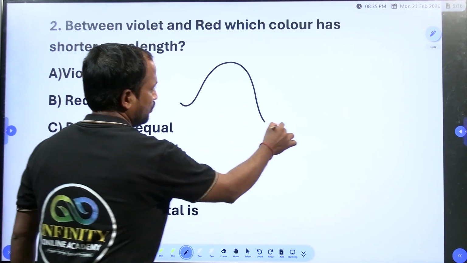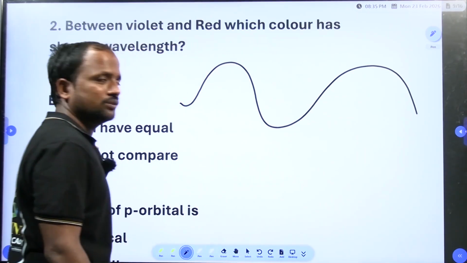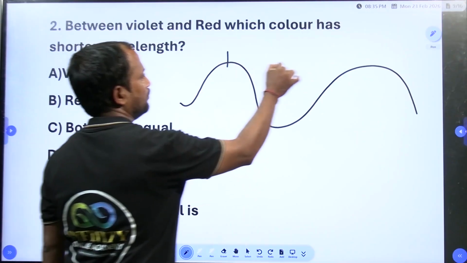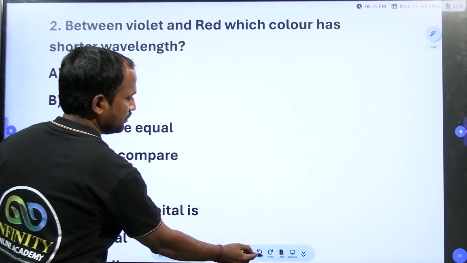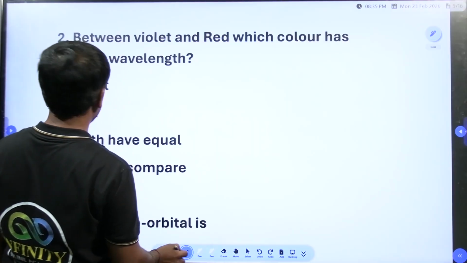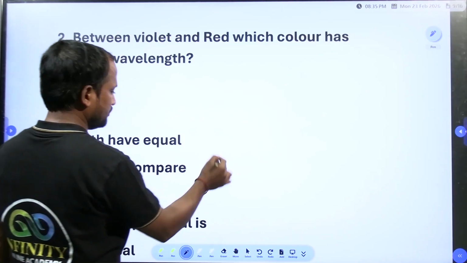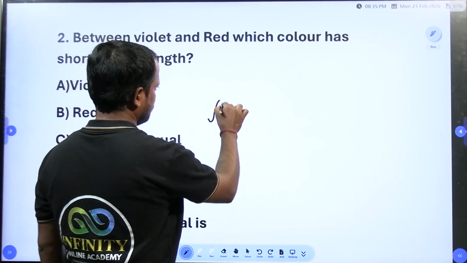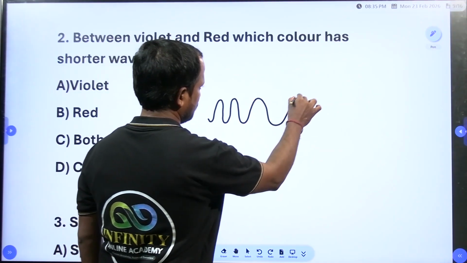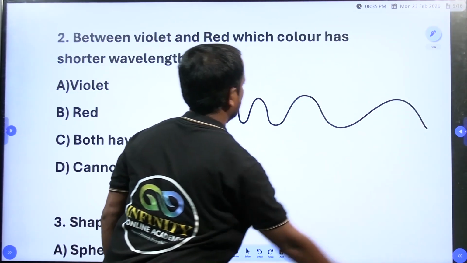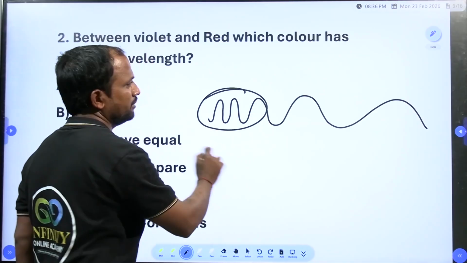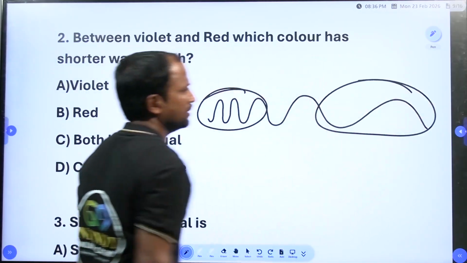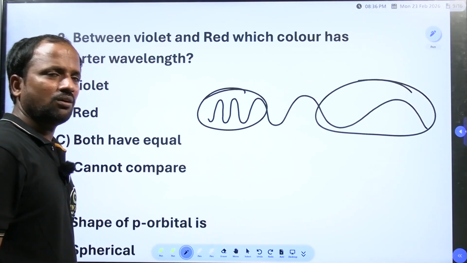This is a wavelength: one crest to crest, or one trough to trough, is called a wavelength. Next, observe here, this is a wave propagation. In this wave propagation, this is the shortest wavelength and this is the longest wavelength.